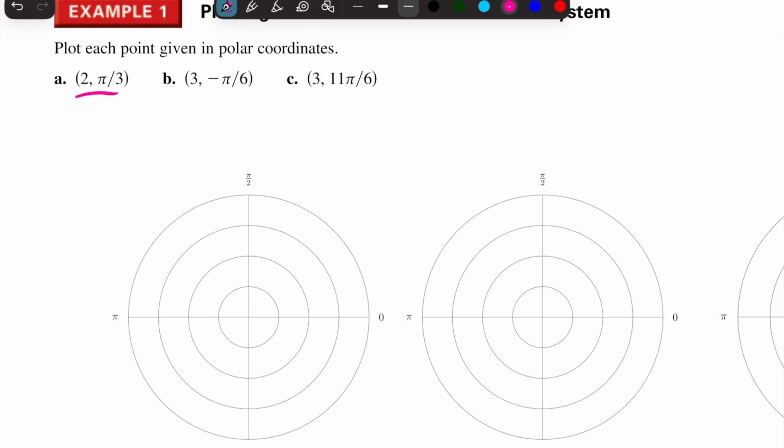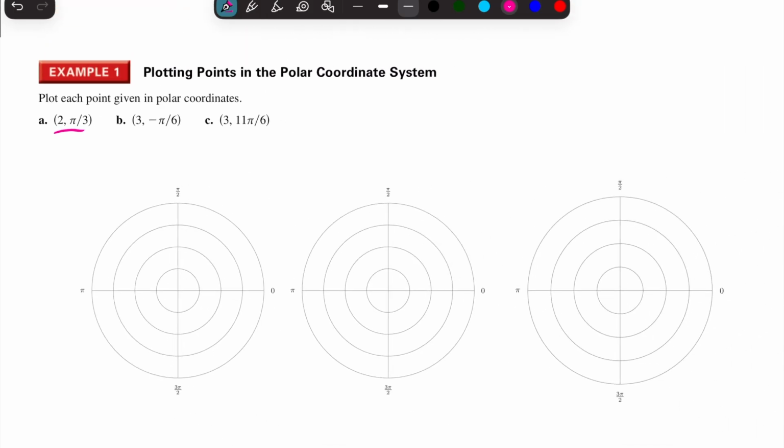This is a little bit backwards of the way we're used to doing things, because when we look at Cartesian coordinates, we take the x coordinate, which is the first one, go horizontally and then vertically in the y direction. Here, we're really starting with the angle. So I'm always starting from this positive x-axis here, and from there, I'm measuring off my angle. And then once I have my angle, I'll measure off my radius, right?